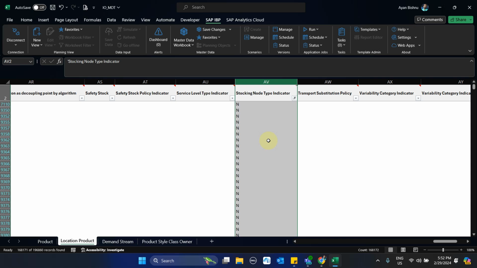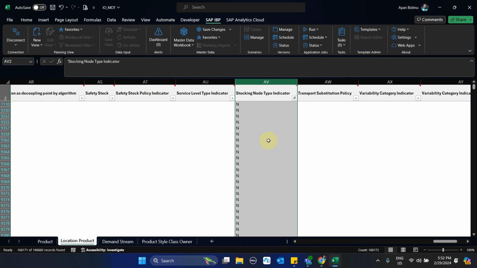Now, how to determine whether a product location combination would be stocking or not? This rule varies from company to company and from process to process. But a general rule of thumb is, we generally don't tend to keep safety stock at manufacturing locations. So by default, we mark product location combinations where the location is a manufacturing location as N, with the objective that I will not store safety stock in those locations.